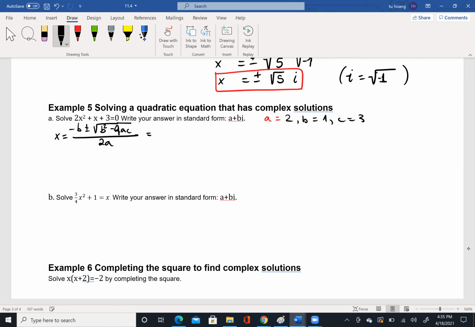That gives me -1 plus or minus the square root of 1 squared minus 4 times 2 times 3, divided by 2 times 2. And now I have negative 1 plus or minus the square root of negative 23, you can use a calculator now, divided by 4.